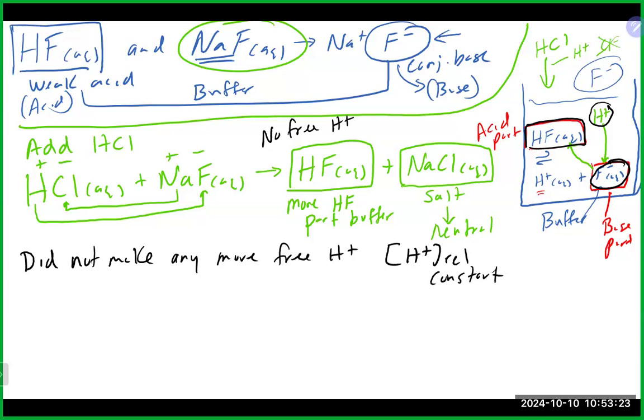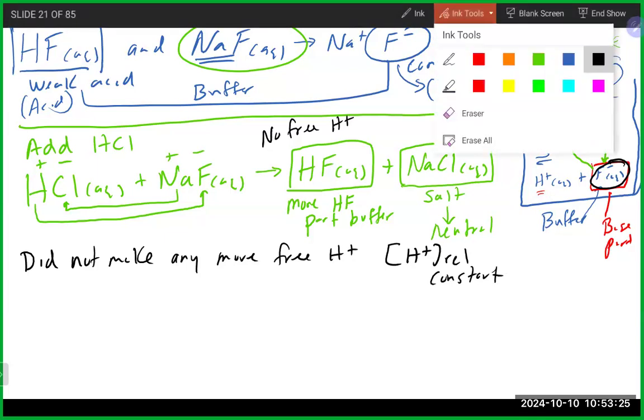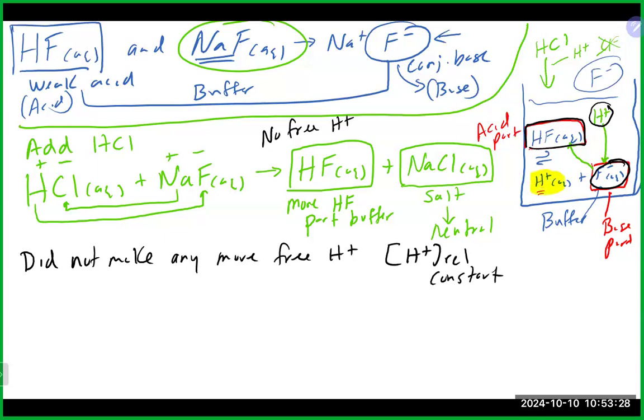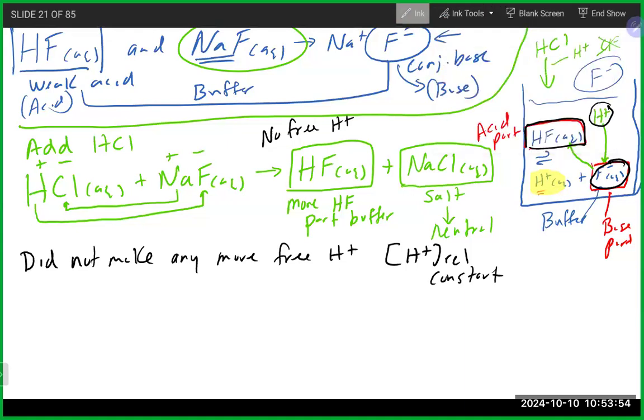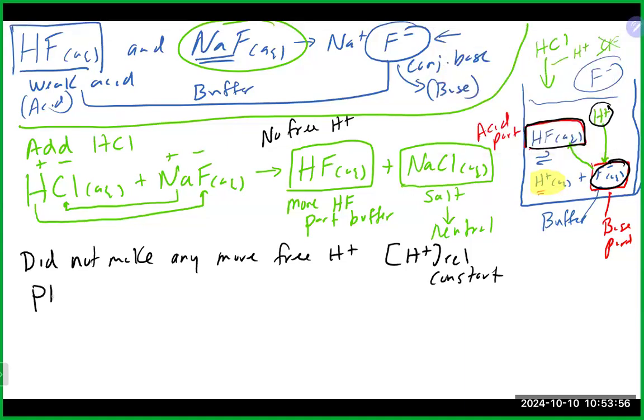That is what we were talking about at the beginning, which is the amount of H plus we started with in that beaker will pretty much stay the same because there's no influx of H plus like we saw when we added it to water, right? When we added it to water, there was a ton of H pluses everywhere. But in this case, that H plus gets tied up with the F minus and makes HF, which means it's not free to roam around and affect the pH. And because the H plus stays relatively constant, the pH in this situation will stay relatively constant as well.